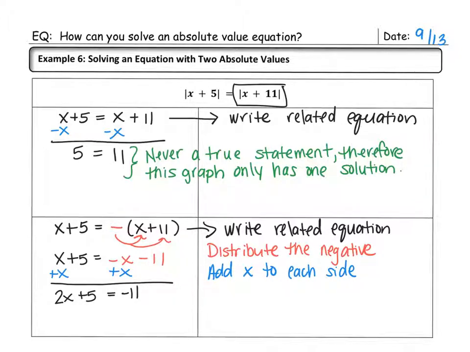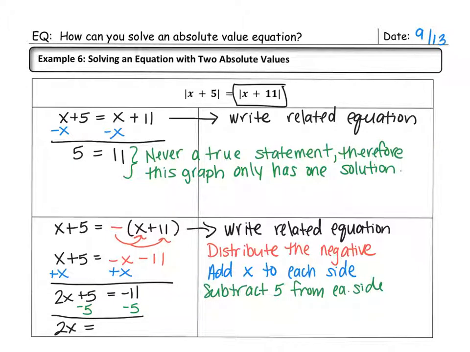Then the next step is to subtract 5 from each side, and then we're going to simplify that. So we have 2x is equal to negative 16.